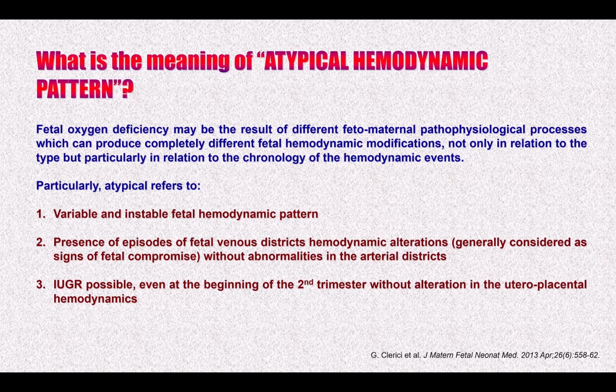Particularly, atypical hemodynamic patterns refer to a variable and unstable fetal hemodynamic pattern with some episodes of fetal venous district hemodynamic alteration that generally are considered as signs of fetal compromise without abnormalities in the arterial districts.